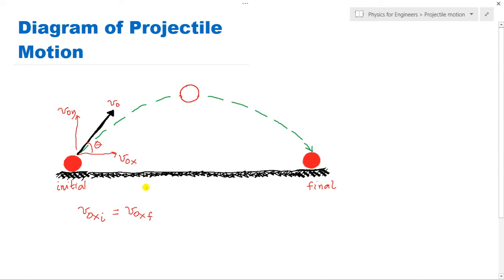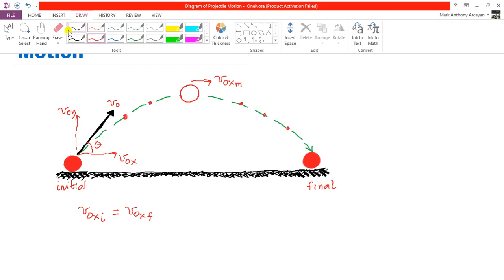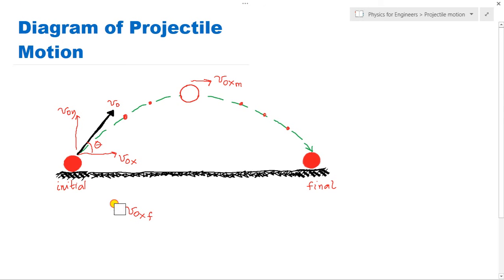And not only that, kahit saan dito na point, kahit sa maximum height, meron pa rin tayong Vx dito, Vx at the max. Still the same value with our initial velocity. Pati din dito, as it goes downwards, hindi pa rin magbabago yung velocity natin on the x direction. So take note of that one for our velocity component along x.